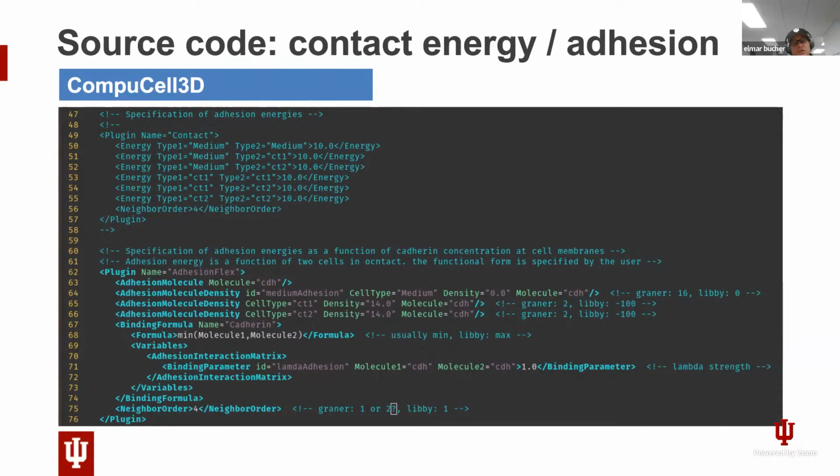As we said, we talked about these cadherin molecules, and you can think about how many molecules, what is the density of these molecules on each cell type. For the medium, we set this to 0 density. The medium doesn't have any of these cadherin molecules. We oriented ourselves at the original Glazier paper from 1992 with the values that they used for cell sorting, to be sure that it sorts.